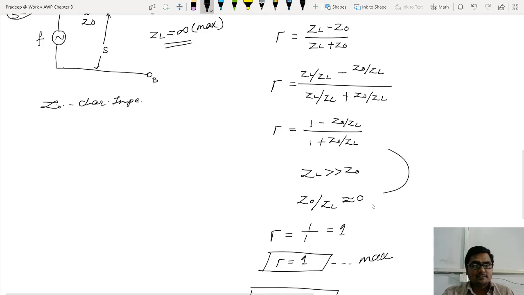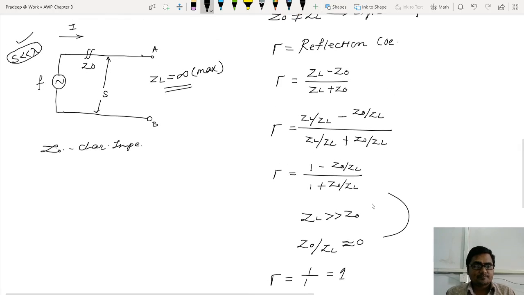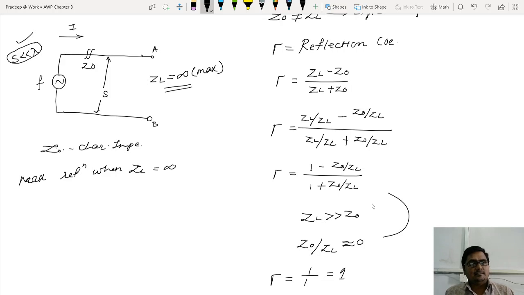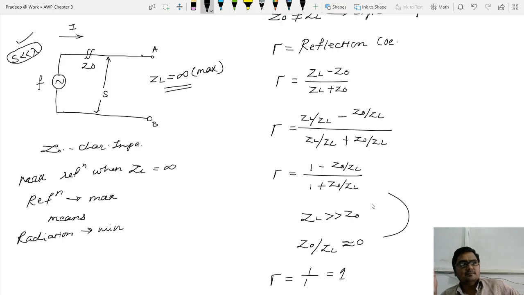Let me write it here in words: maximum reflection when ZL is infinite. See, reflection is maximum, it means radiation must be minimum. So let me write: reflection is maximum means radiation is minimum. Yes, and that's the criteria.